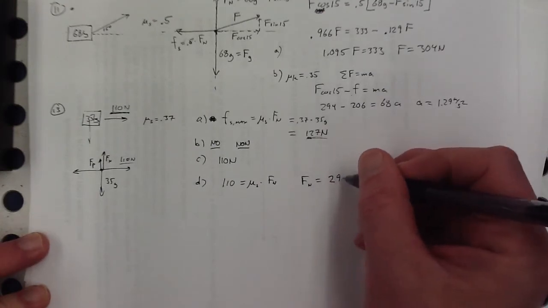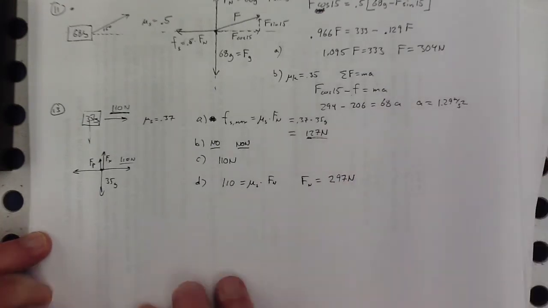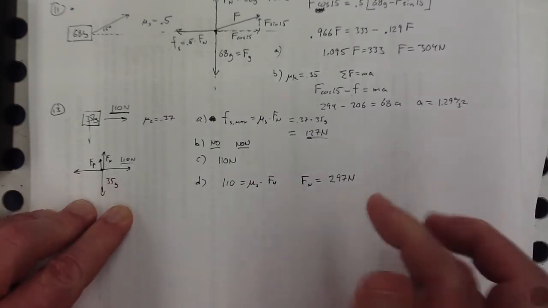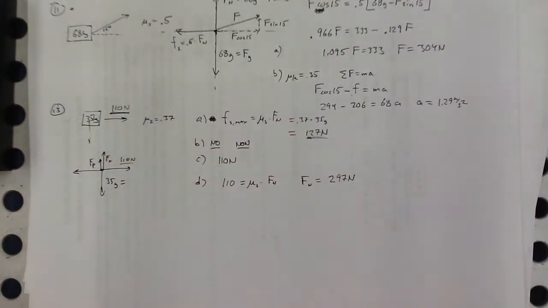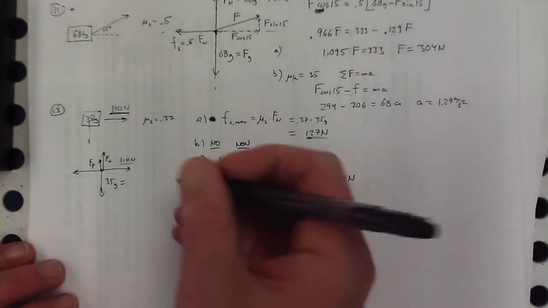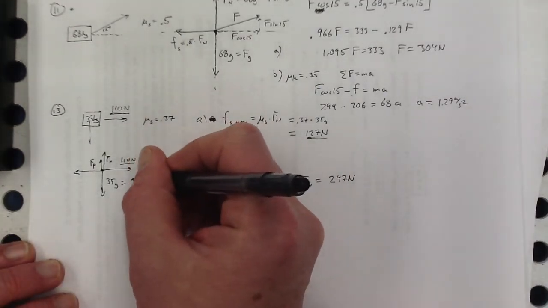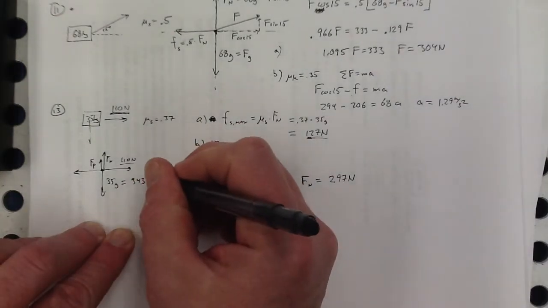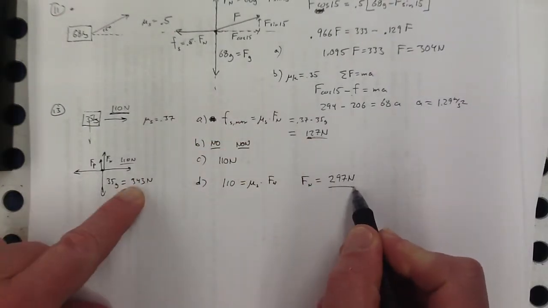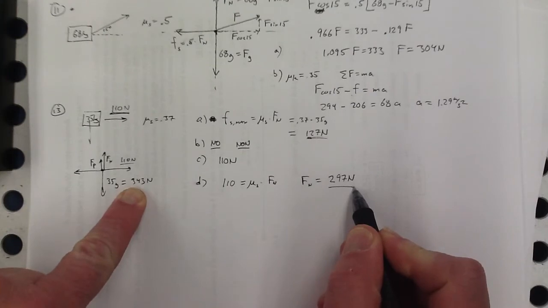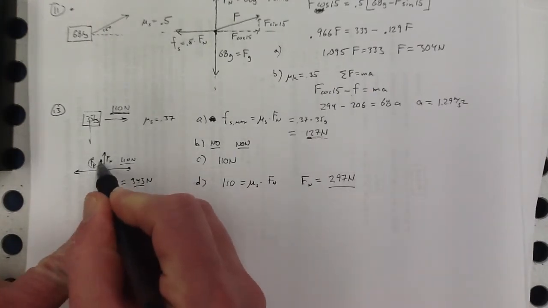That is 297 newtons. And what was it before? I never did actually do that separately. This is 343 newtons.